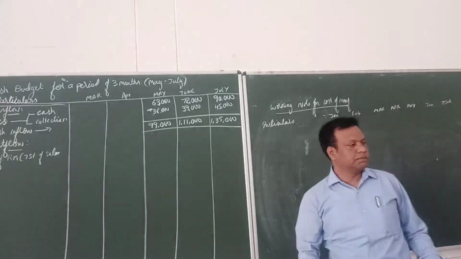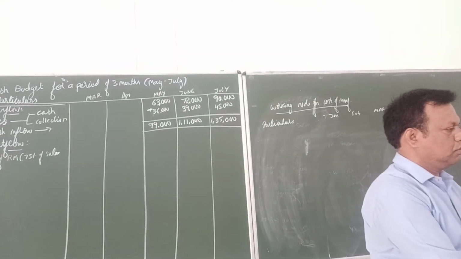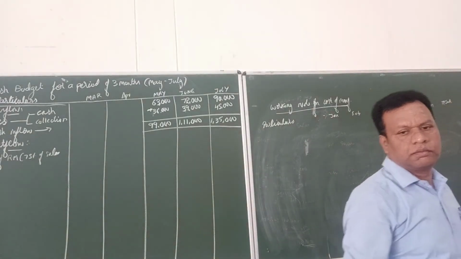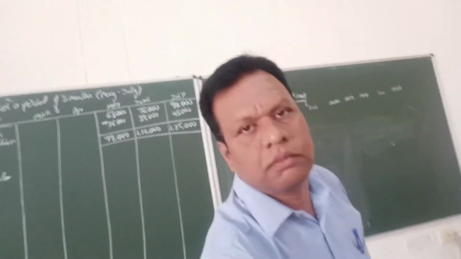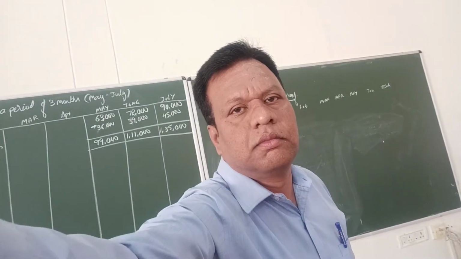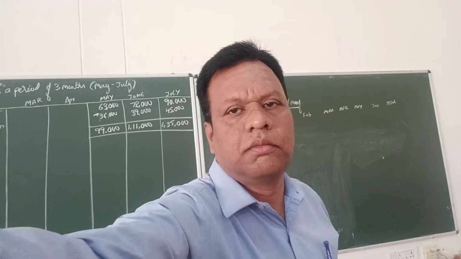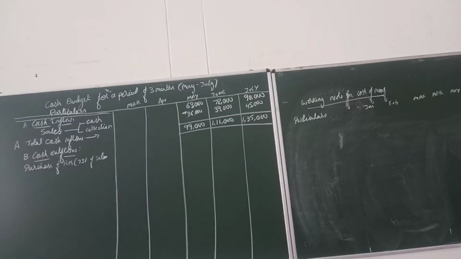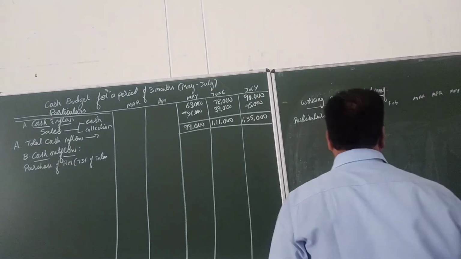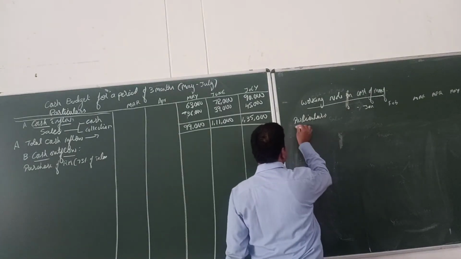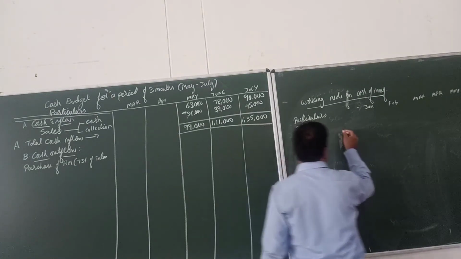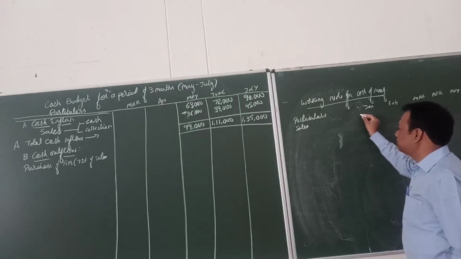Okay, so here, what is sales here? Sales of each month, just means January sales.